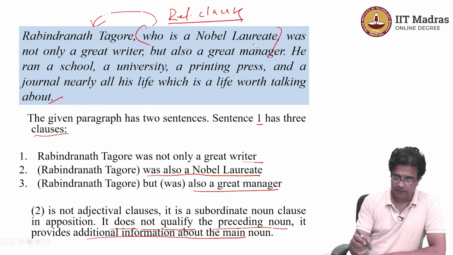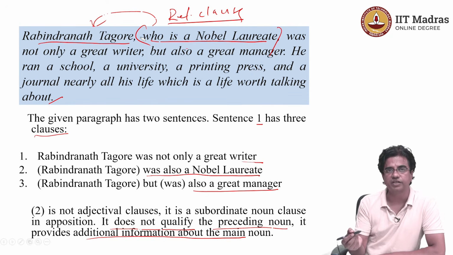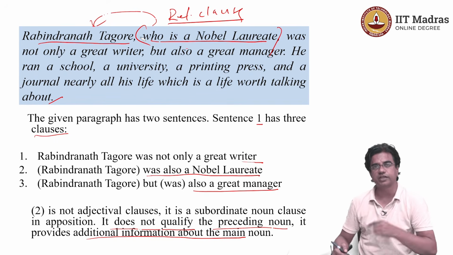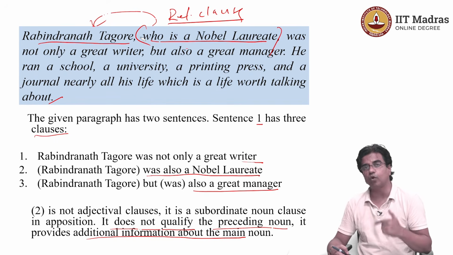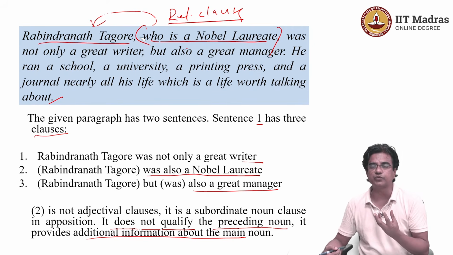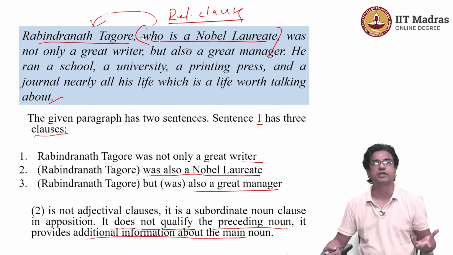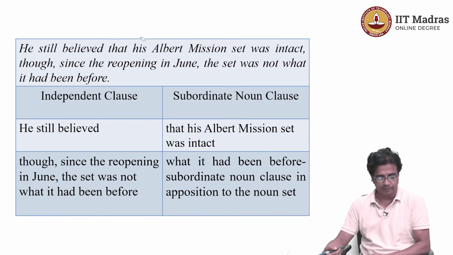That is, a relative clause modifies a noun even though it is giving additional information. It is a kind of modification, additional information in the form of modification. So, a clause, a subordinate clause, is being used as a modifier is the point here.